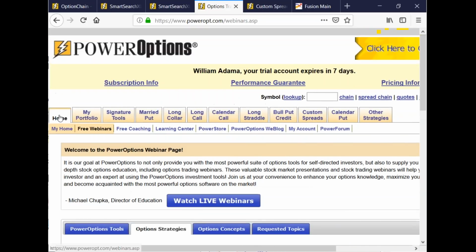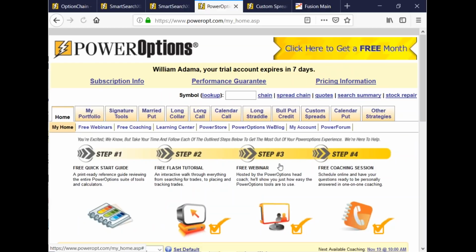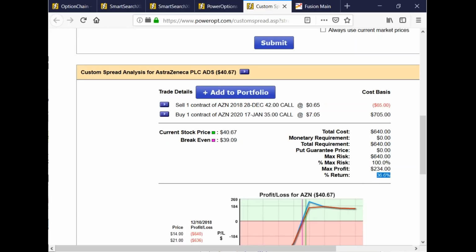I'm not saying you can't be successful with horizontals. I just don't trade them personally. One of the main reasons why we saw almost way more than double the return, right? We were looking at, the first spread we found was a 36% return here.